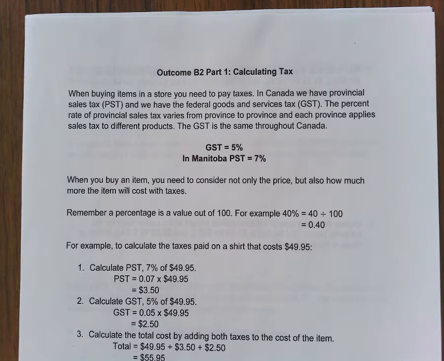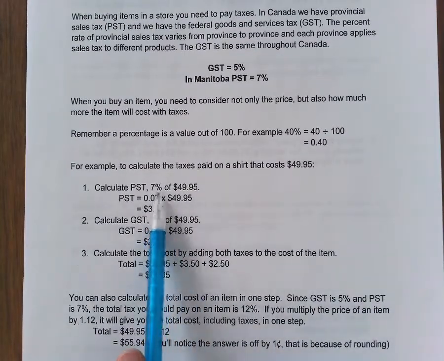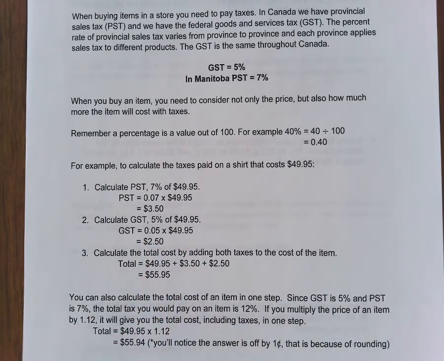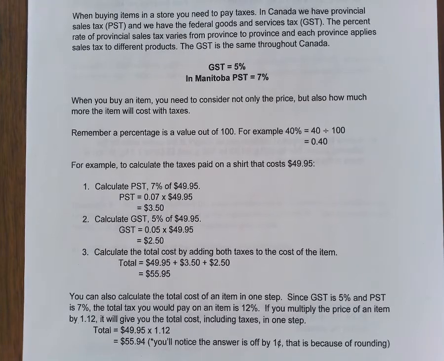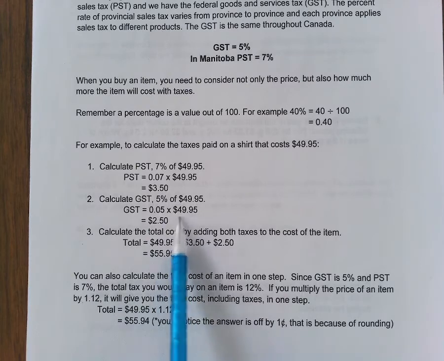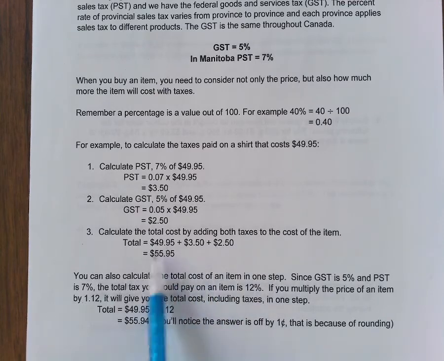So if you were going to calculate the taxes paid on a shirt that costs $49.95, you could first calculate the PST, 7% of $49.95, which is 0.07 times $49.95, which is $3.50. You could then calculate the GST, 5% of $49.95, which is $2.50, and then you could add those two amounts to your price to get the total cost.